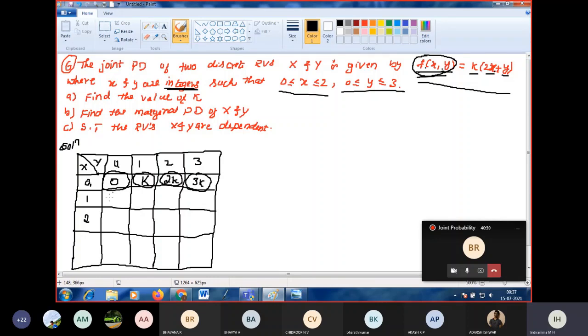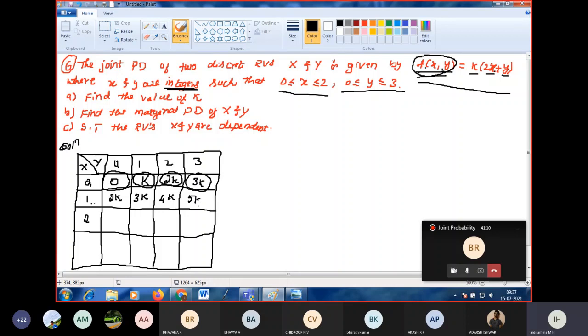Now x is 1, y is 0: 2k. X is 1, y is 1: 3k. X is 1, y is 2: 4k. X is 1, y is 3: 5k.